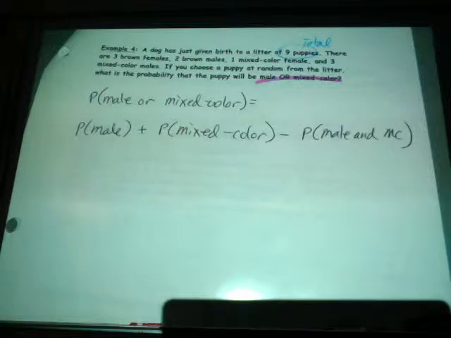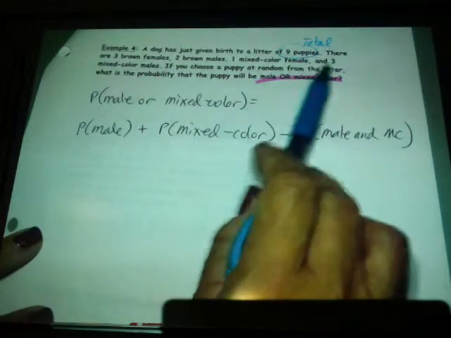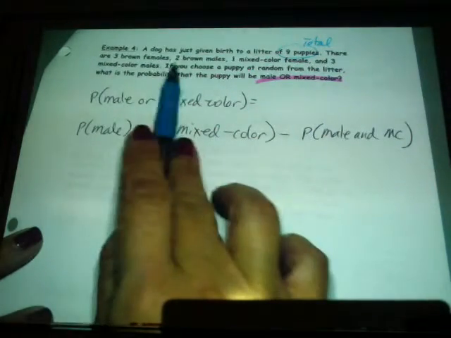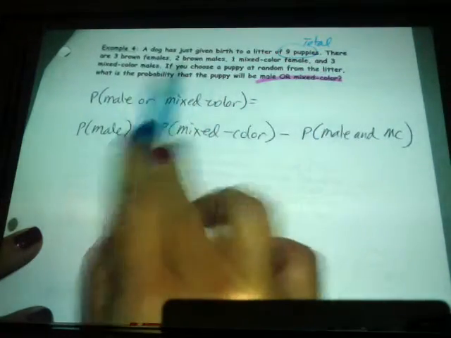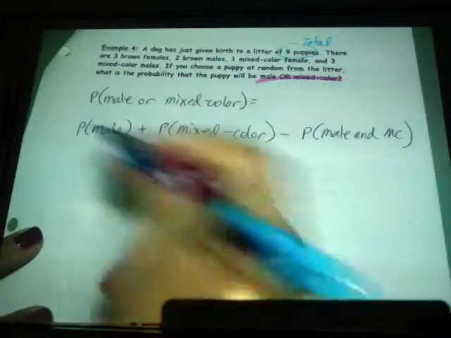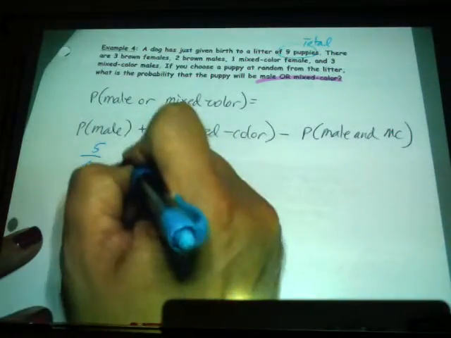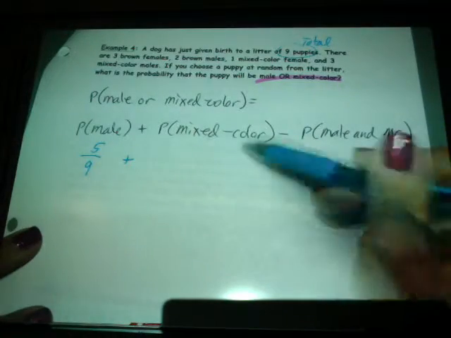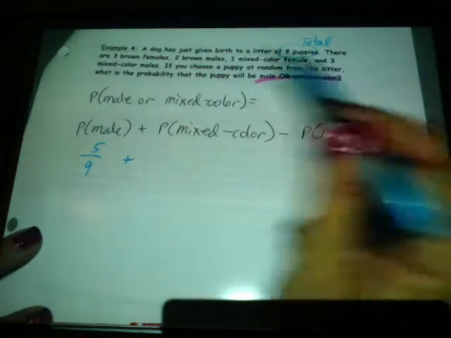Alright, so what's the probability of the puppy being male? How many male puppies? There are 2 brown males and 3 mixed color males, so 2 and 3. What's that? So we have 5 males out of how many total puppies? 9. Plus, how many are just mixed color? I have 1 mixed color female and 3 mixed color males.